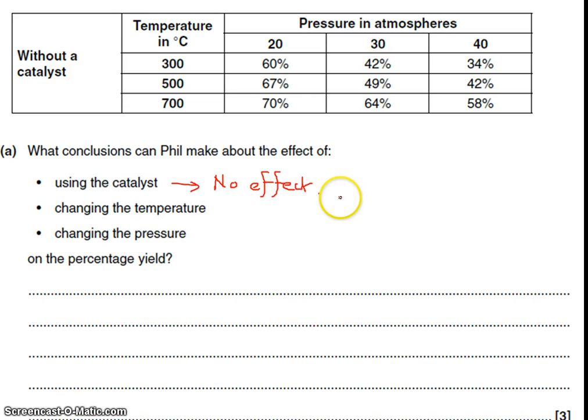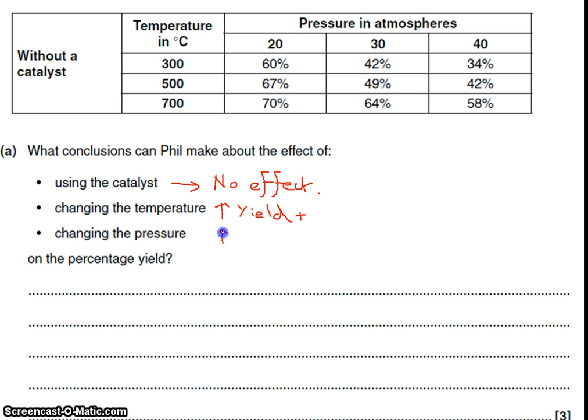Changing the temperature, as you increase the temperature, the percentage yield will increase. And if you change the pressure, again, just reading off the table, the percentage yield will decrease.